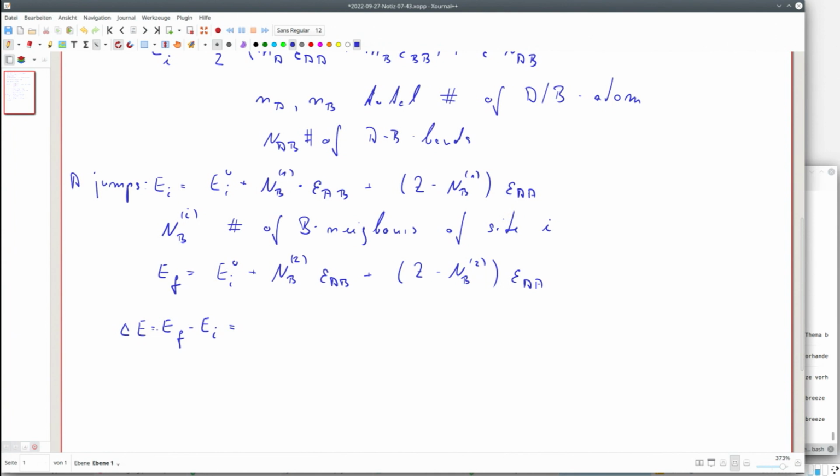If we subtract these two, NB2 minus NB1, epsilon AB plus, so that cancels out.